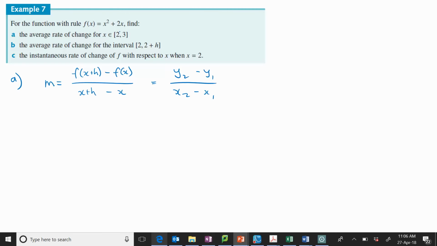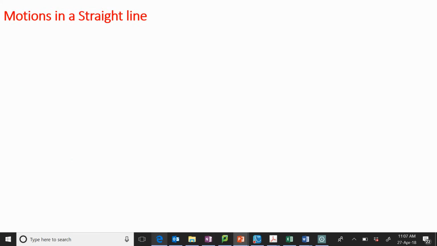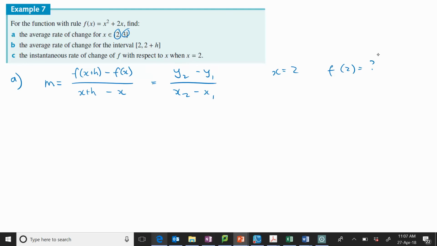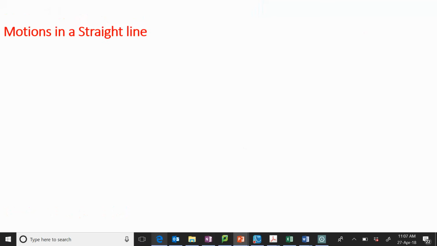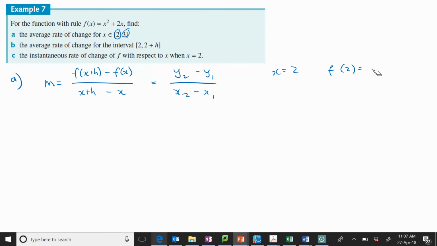In our case here, we want from 2 to 3. So when x equals 2, f of 2 equals, and then you sub 2 in, right? For A, f of 2, sub 2 into the equation, 2 squared plus 2 times 2, 4 plus 4, you got 8.